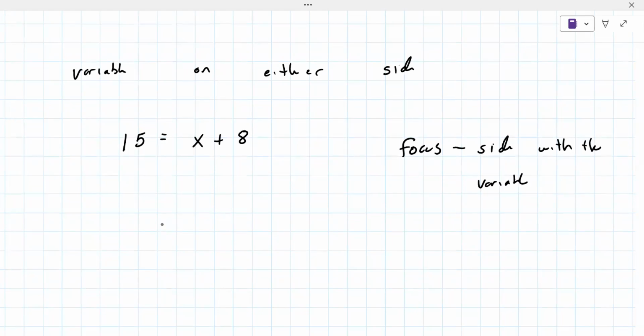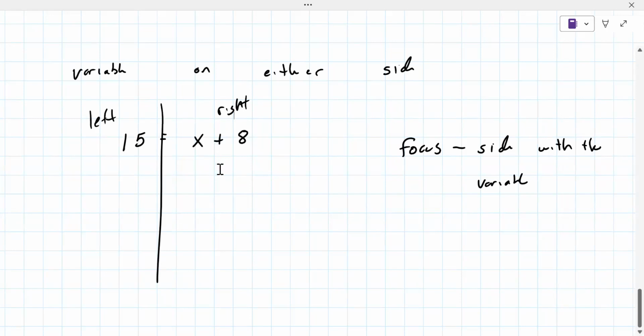So which side has the variable, the left side or the right side? The left. So here's the left, here's the right. Which side has the variable? The left. Right? This is the right. Oh, I thought the variable was what it equaled.